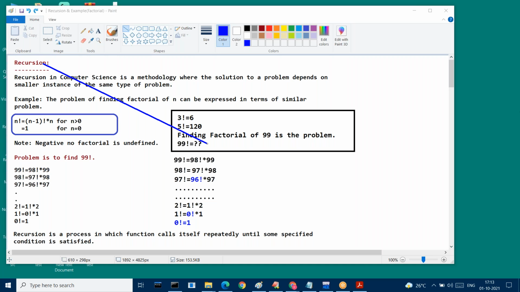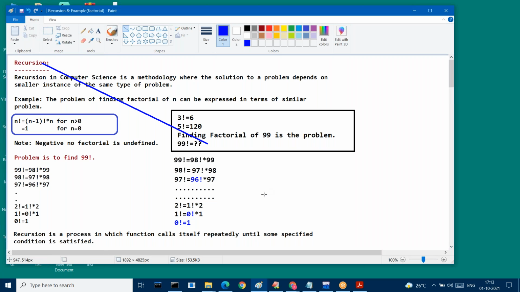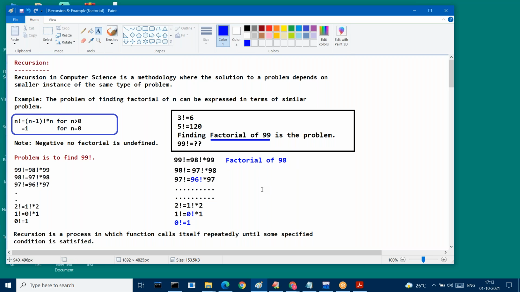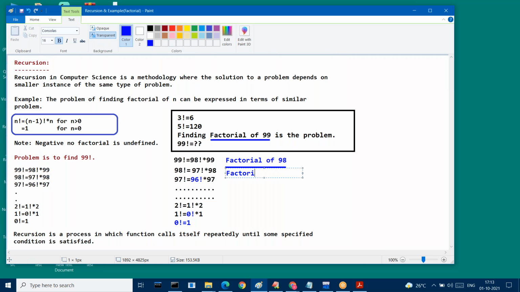Now another thing we can conclude from here is that you see what you are doing: factorial of 99 you are expecting. For that purpose what you need is factorial of 98. For this what you need, sir, is factorial of 97.